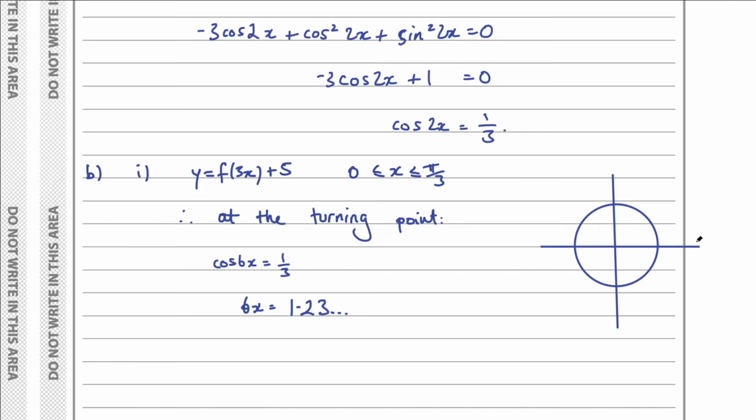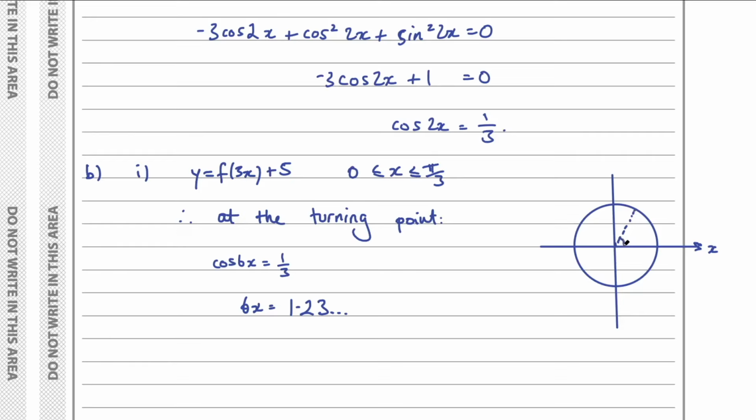If you think of the cosine function as the x-coordinate here, you know x-coordinates are positive in this direction, to the right of the y-axis, and negative over here. So the cosine function is positive in the first and fourth quadrants, and we have a reference angle of 1.23, and that's radians, so it'll be less than pi on 2, so somewhere up here perhaps. Anyways, this is just a diagram, so it doesn't have to be accurate.